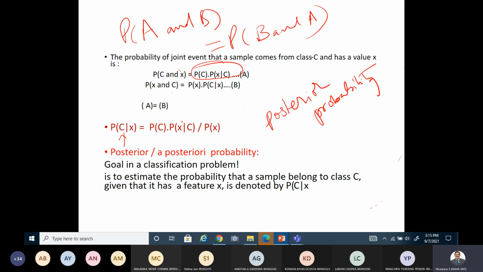Both are conditional probabilities here, this and this, but they are different, no? When you see the variables, you agree that this has two variables, X and C. This also has X and C. But this probability is the class conditional probability.